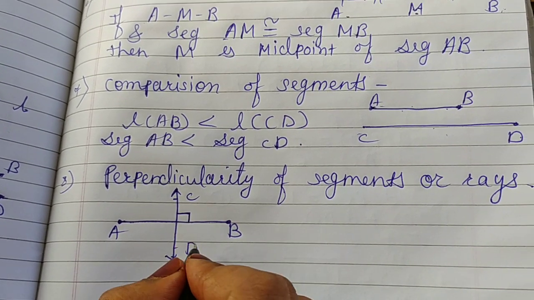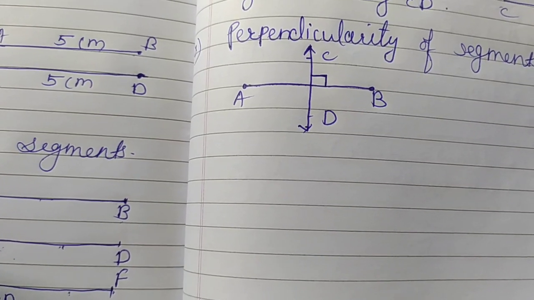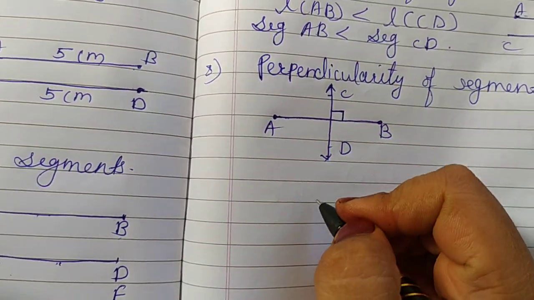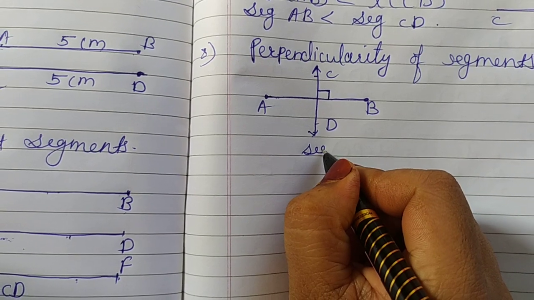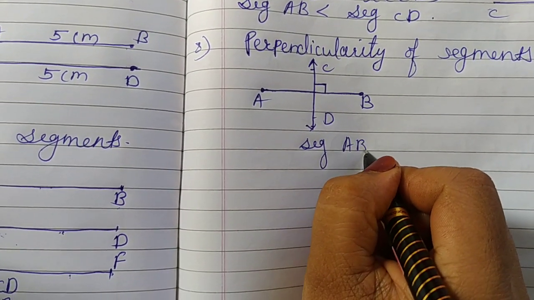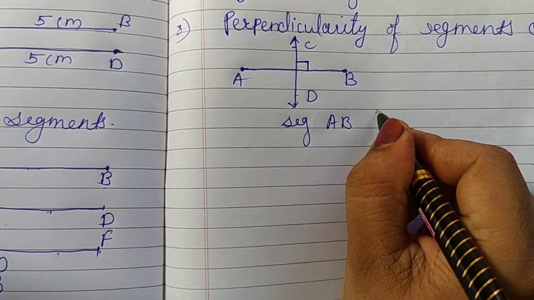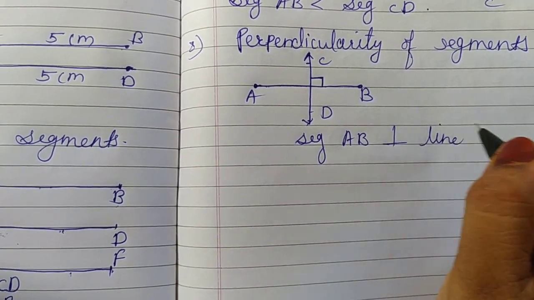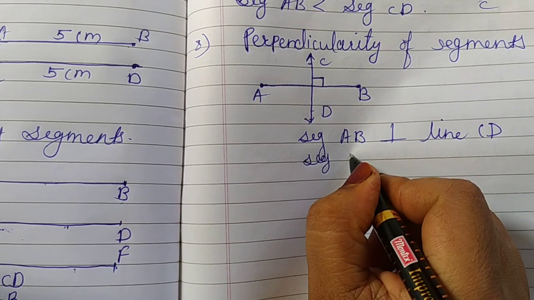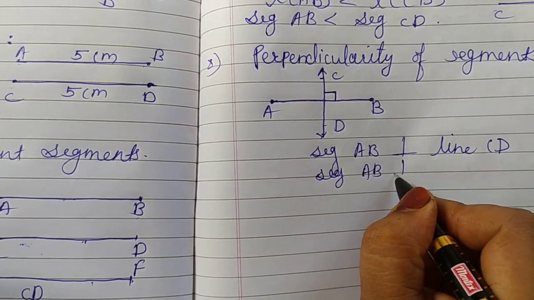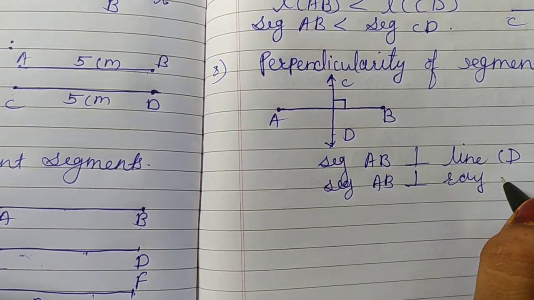So if the lines containing two segments, here you can write, if segment AB is perpendicular to line CD, that means segment AB is perpendicular to ray CD.